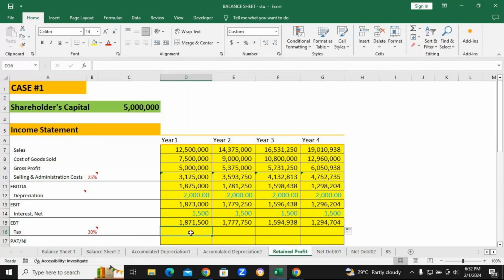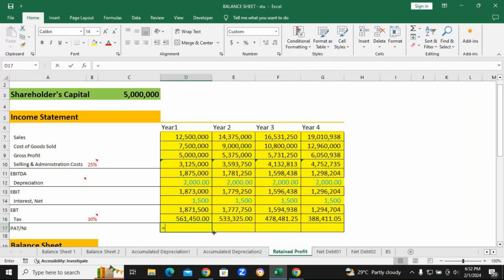So on earning before tax, I have to apply 30% tax, into 30%. So I'll come here and I will drag it towards my right, and profit after tax. So that will be EBT minus tax. I get these values and I will drag it towards my right.